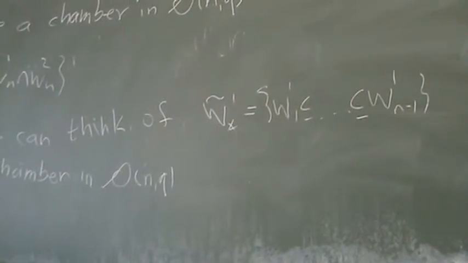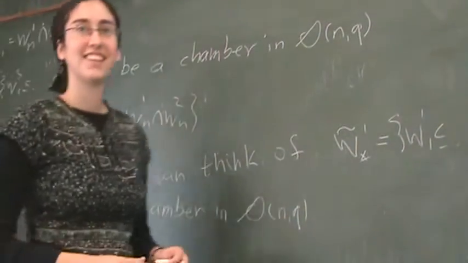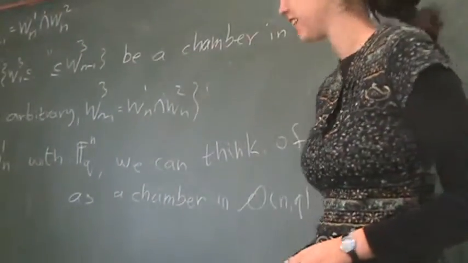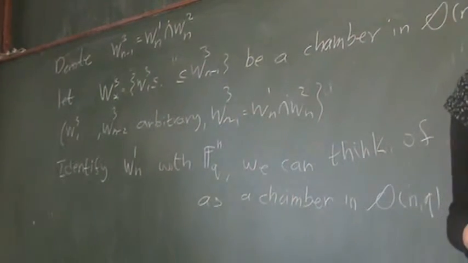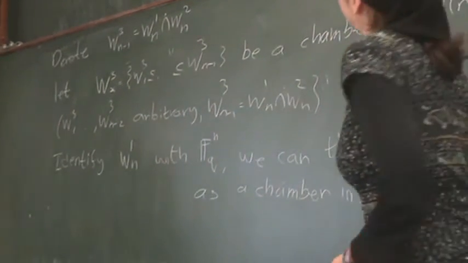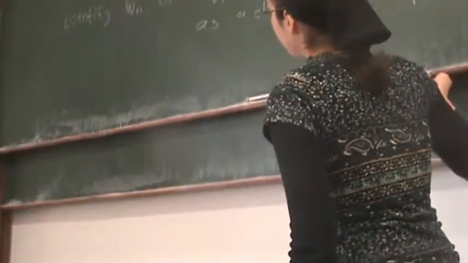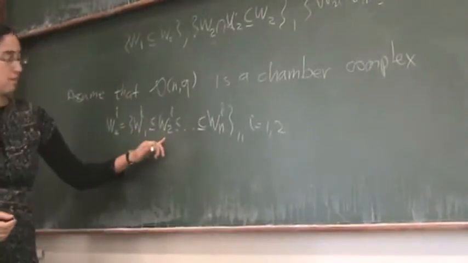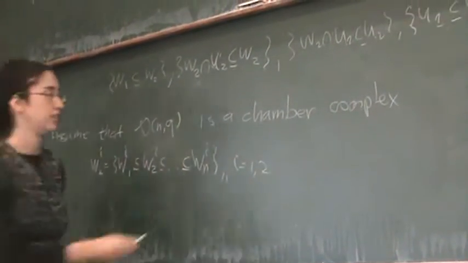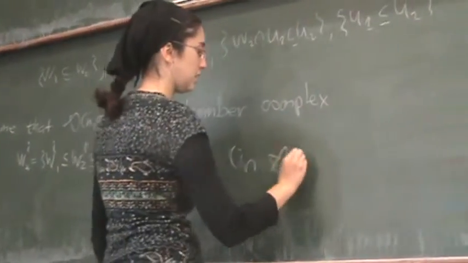I'm confused. You had a simplicial complex. All your spaces were in F_Q^(n+1). Yes, so the complex was S_(n+1). So we take a chamber in S_(n+1). What you wrote is just n.